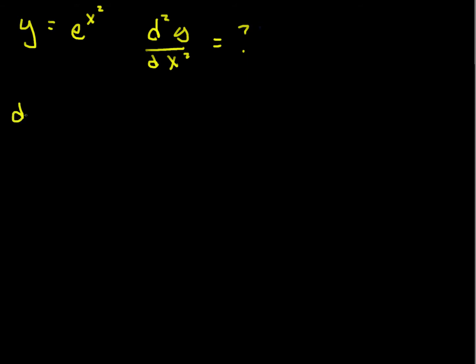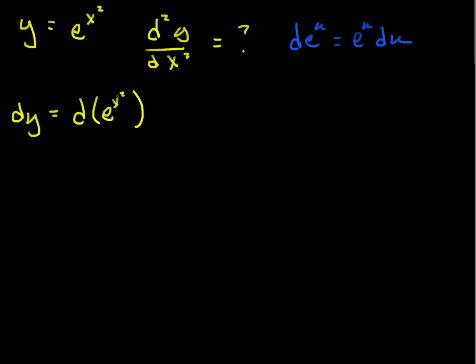So dy is equal to the differential of e to the x squared. And just so we're remembering our differential rules, the differential of e to the u is equal to e to the u du.